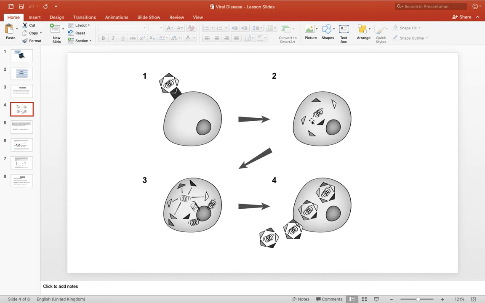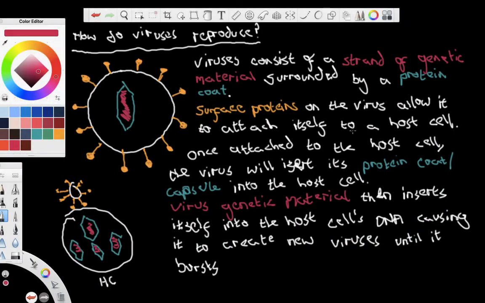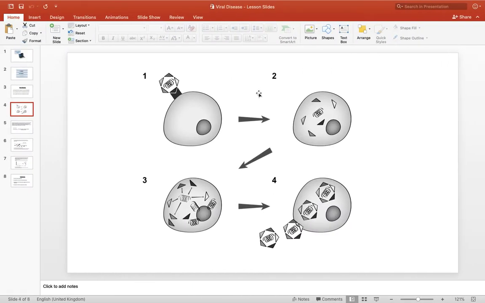The host cell then starts to make new viruses or parts of viruses. Once the viruses have been made, the cell bursts, releasing the viruses out, which go on and infect other cells. So pause the video at this point, using what we've said here, to either draw or print out and cut out these diagrams, stick them in your book, and annotate what's happening. Pause the video now and get that done.